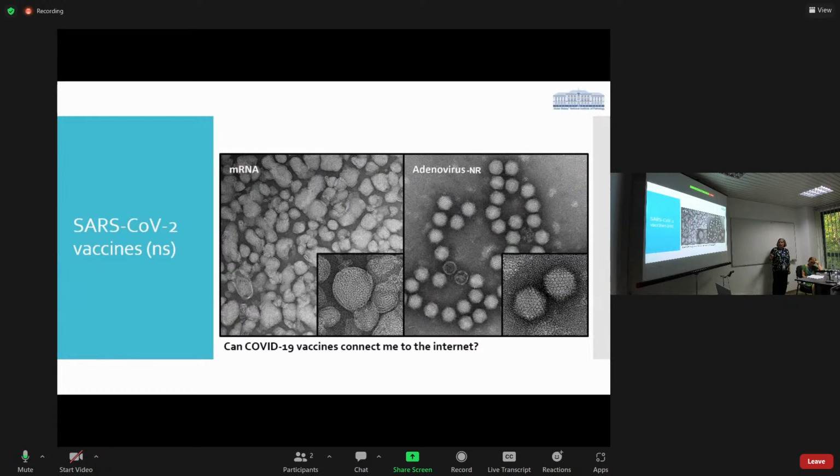They look very clean and beautiful, and for sure electron microscopy can answer the question without any problem: no, the COVID vaccine cannot connect to the internet.